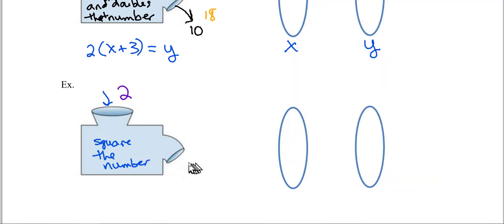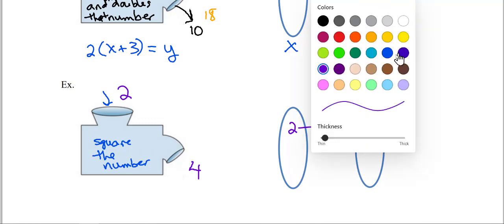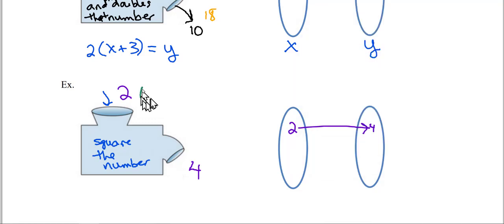In comes the 2, out comes 4, right? When you square it. So over here you get 2 goes to 4. Or if you input 6, out comes 36. So 6 goes to 36. We put one number in, we get one number out.